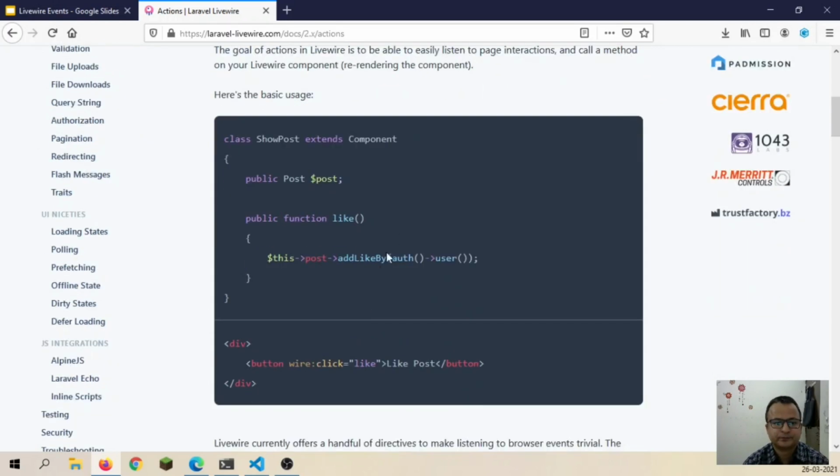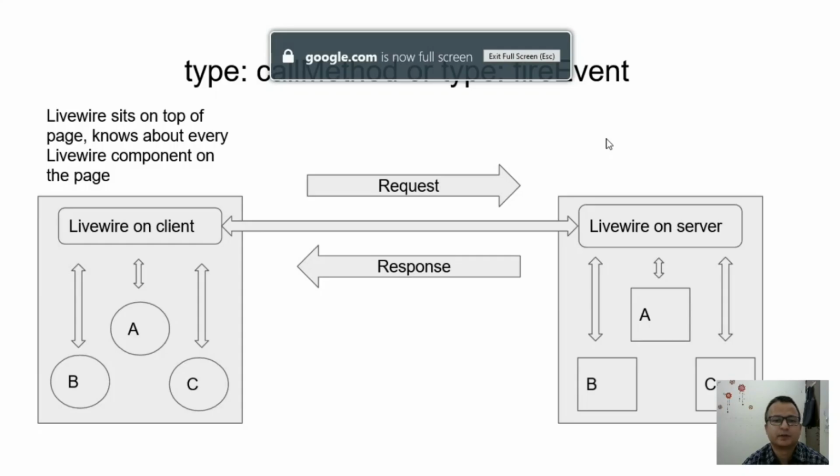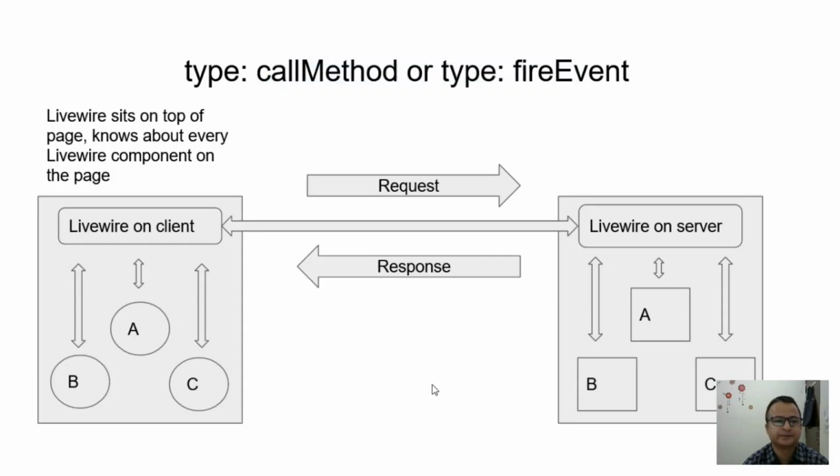I have created a picture which tries to explain the overall architecture. On the left we have a page open inside a browser which has three components, and on the right side we see the server which hosts the component. Basically, the right side is our Laravel-Livewire application.